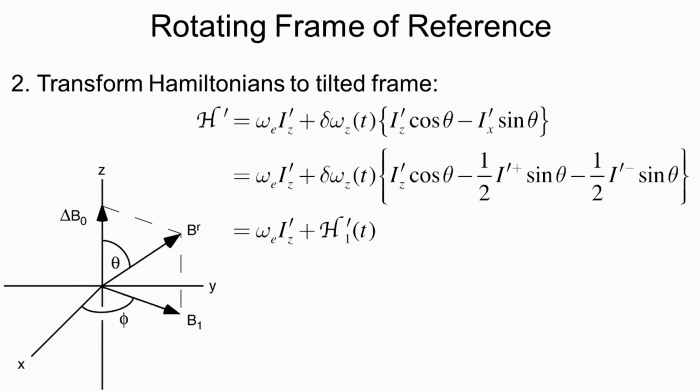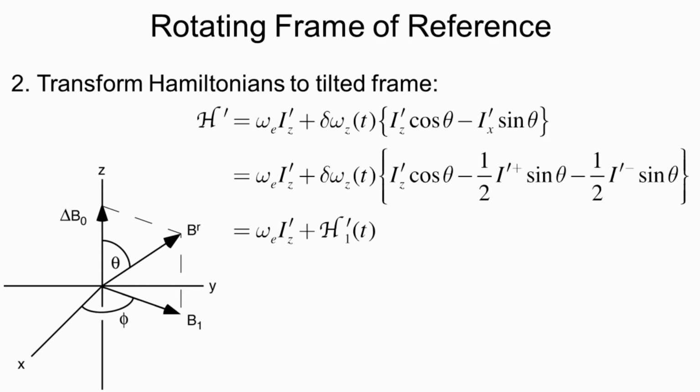I can now write this as omega e times the operator IZ prime, the z-axis operator in the new frame, and then h1 projected into the frame. And I can either do that as shown using IZ and IX, or I can replace IX with I plus and I minus. And you know that I'm going to do that so that eventually I have spherical tensor operators.